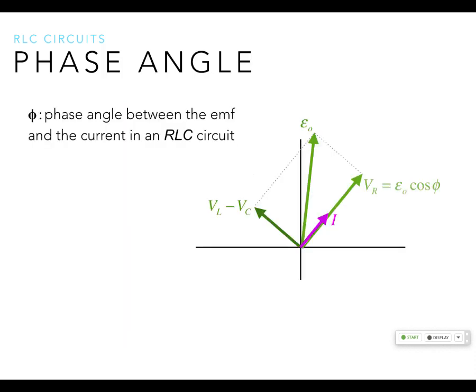And that's the angle between your voltage source, okay, which is what drives your circuit, so it's pretty important, and the current you end up getting. And you can measure this current across any of the circuit elements because, remember, your current through a series circuit should be the same everywhere, all right? So this is your phase angle.